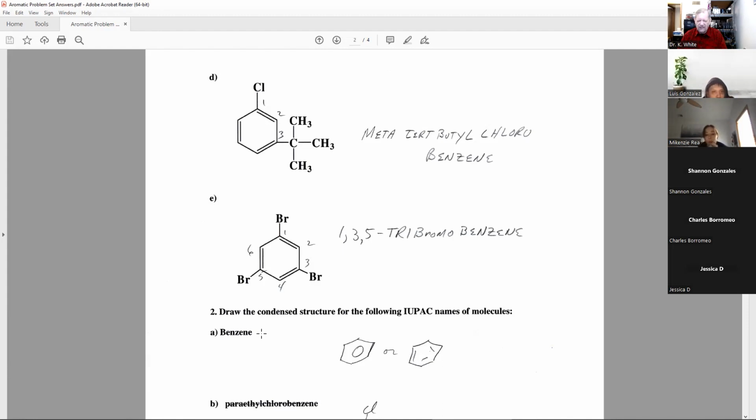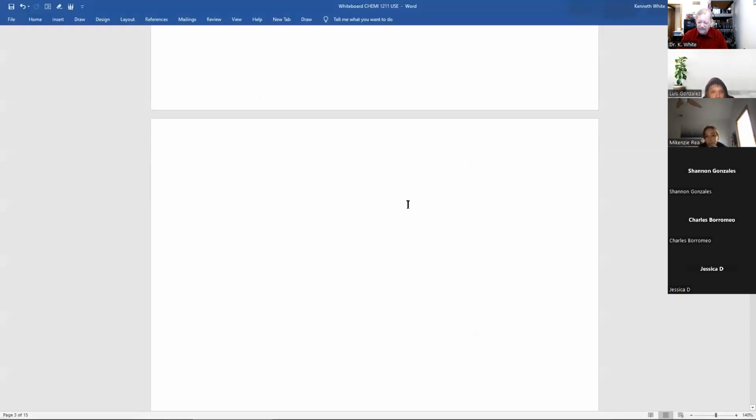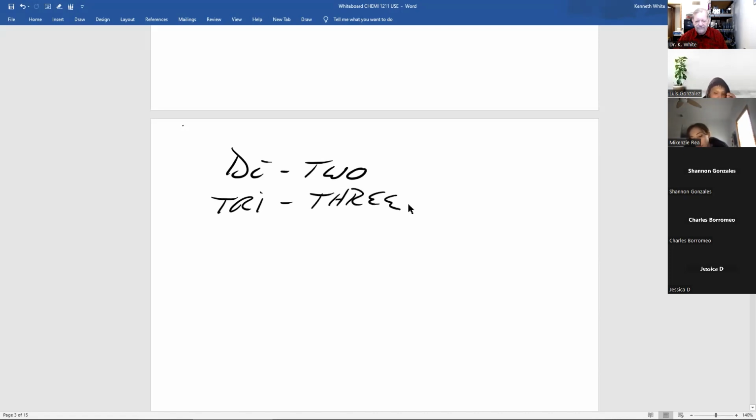Let me do this. And you should remember for substituents, you have 2 of them on the same ring or whatever, that's di. 3 would be tri. 4 is tetra.